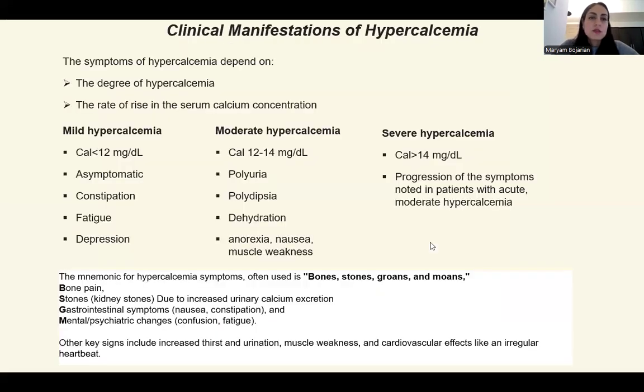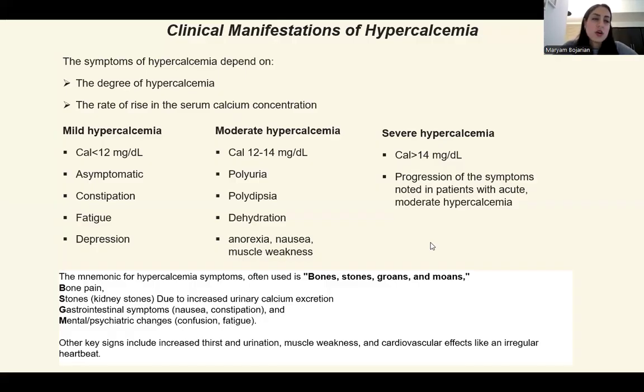Okay, about the clinical manifestations of hypercalcemia, it's really important to understand whether your patient acutely developed hypercalcemia or not. Also the rate of rise in the serum calcium concentration is important. We have three categories: mild, moderate, and severe hypercalcemia. Mild hypercalcemia means calcium less than 12 milligrams per deciliter.